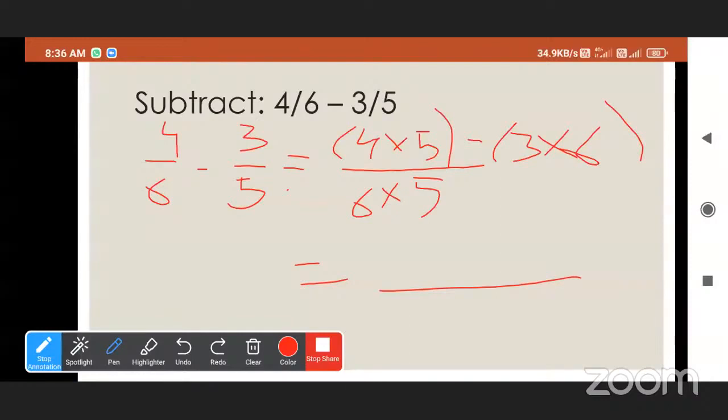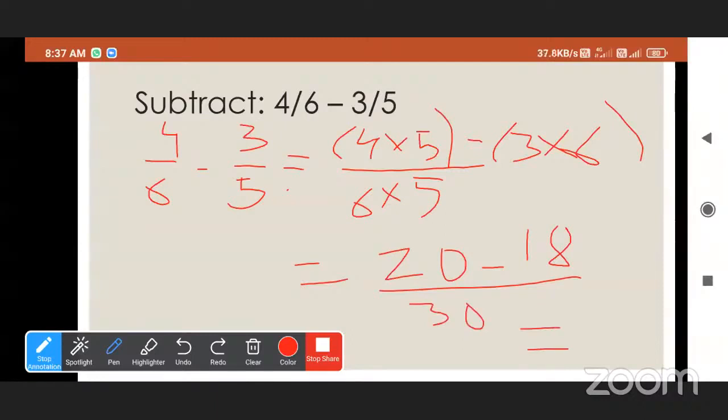20, and 3 sixes are 18. Now 6 fives are 30. Very good.